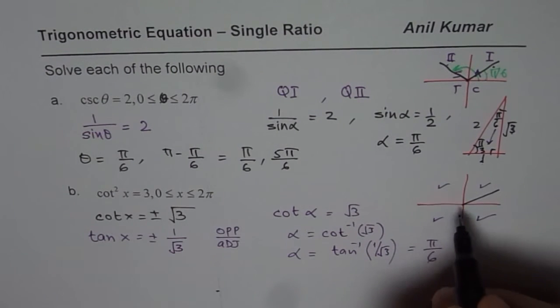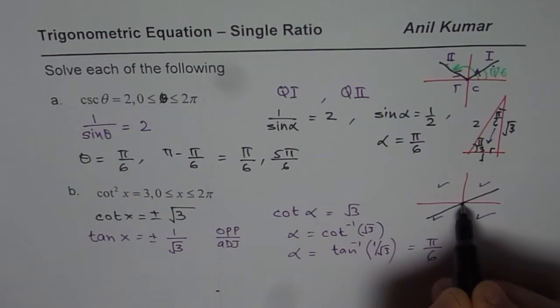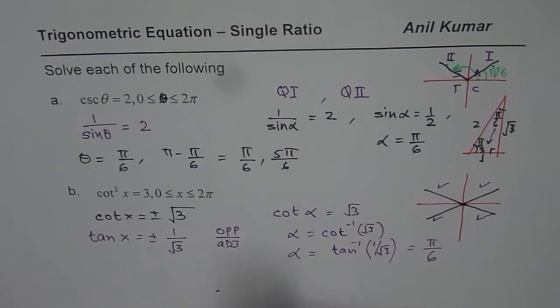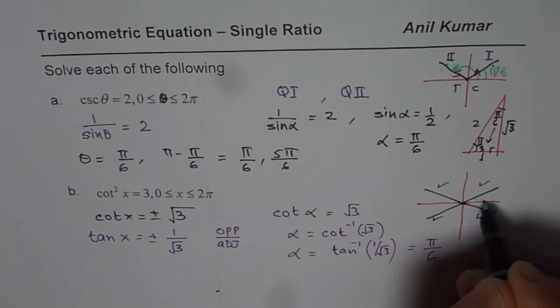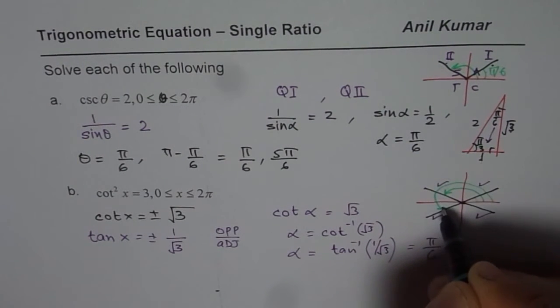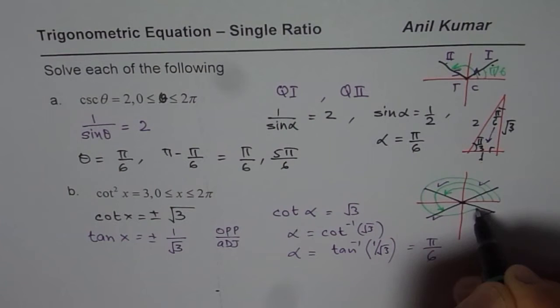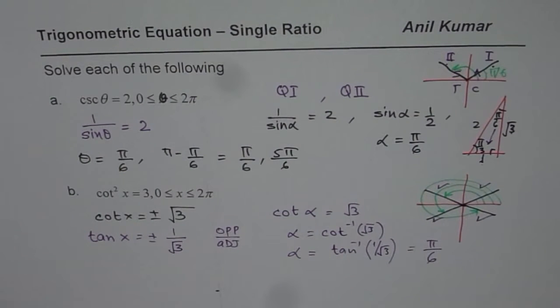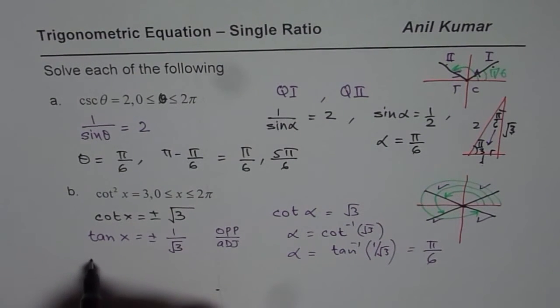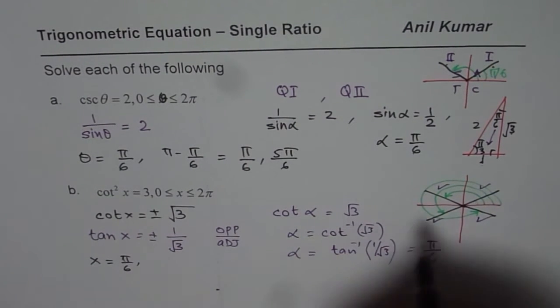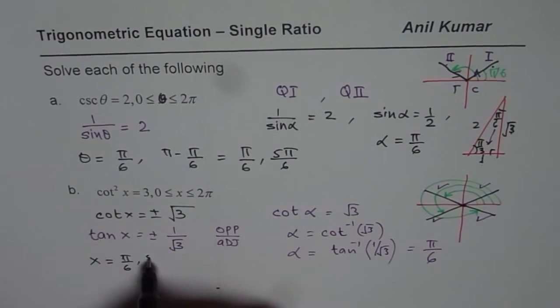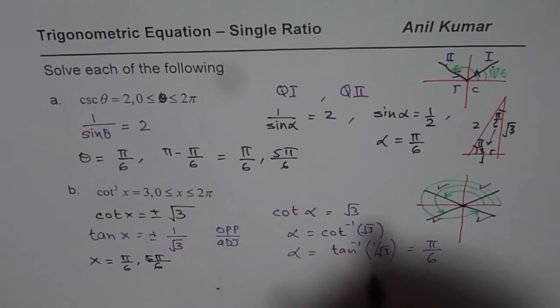Since plus minus, all 4 quadrants will result in one solution each. Solutions are pi by 6, 5 pi by 6, 7 pi by 6 and 11 pi by 6. You can now write down x equals pi by 6, right? And then the second one is 5 pi by 6. How did I get it?